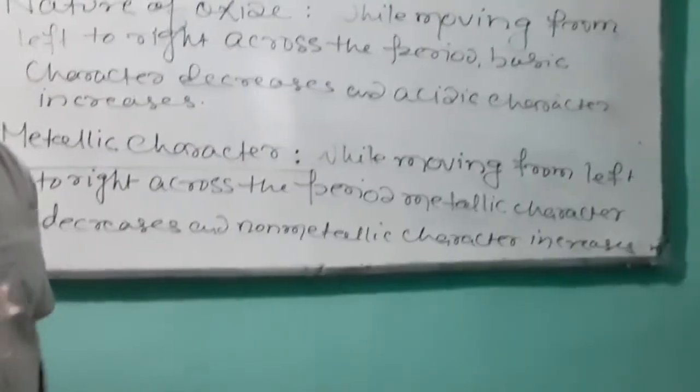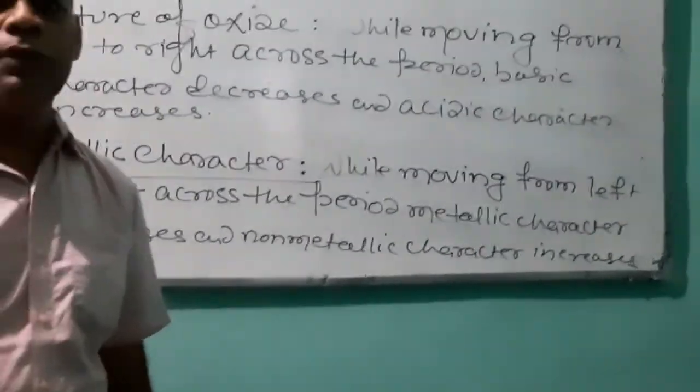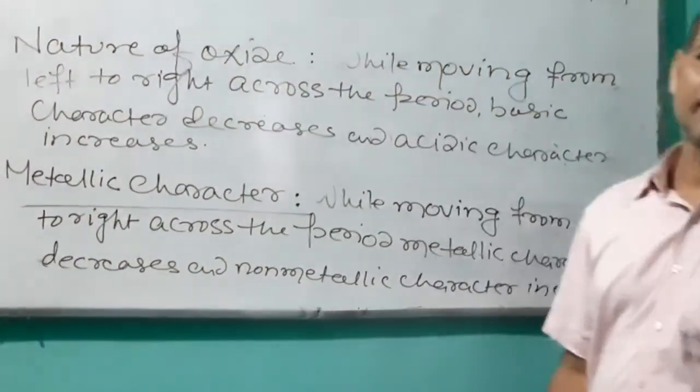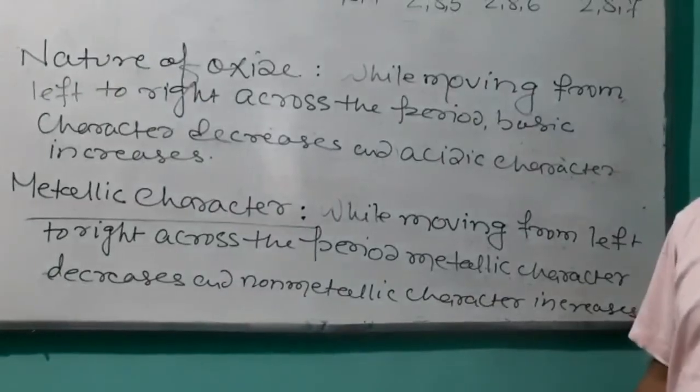So while moving from left to right across the period, metallic character decreases and non-metallic character increases.